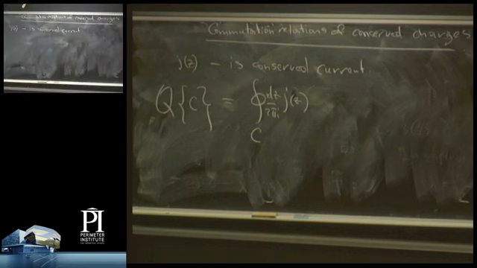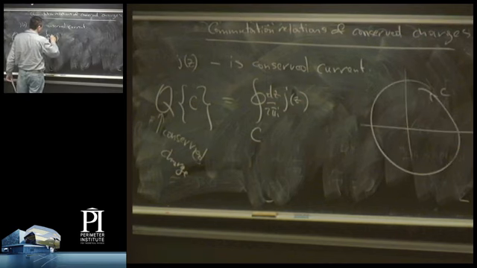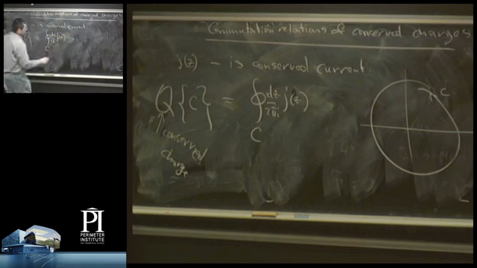In the z coordinate, it simply means that it's holomorphic. So what I can do, I can construct a charge, and this charge will depend on a contour C, and I'm going to define the charge by taking the current and integrating it around the contour, dz over 2 pi i, J of z.